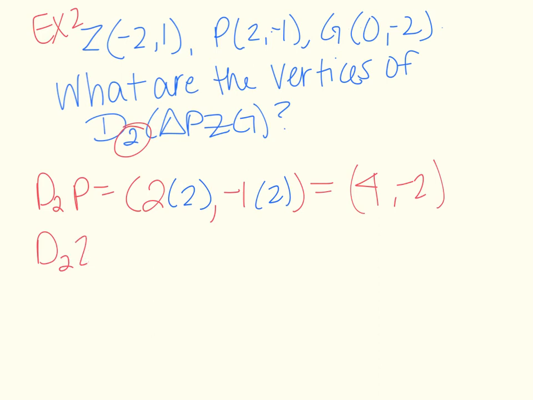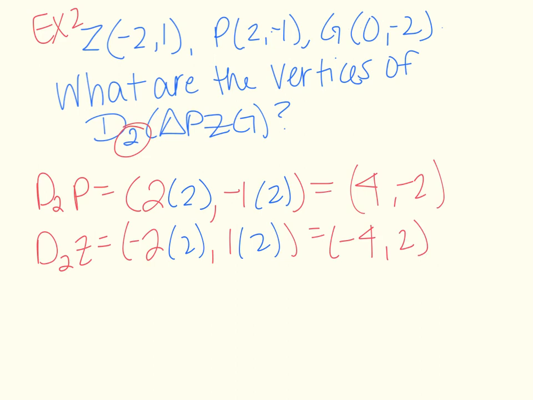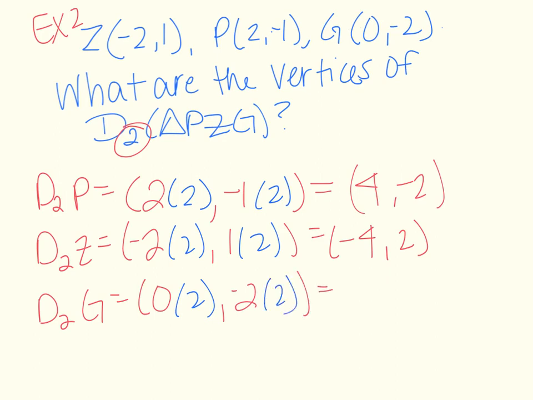Dilating point Z is going to be -2 times 2 and 1 times 2, which gives us (-4, 2). Dilating point G means taking 0 and multiplying it by 2, and taking -2 and multiplying it by 2. That gives us (0, -4).